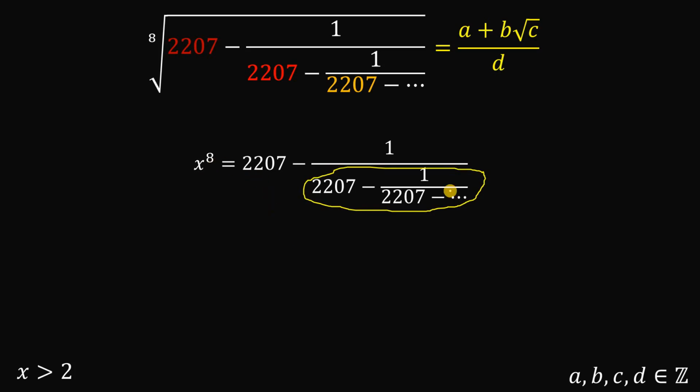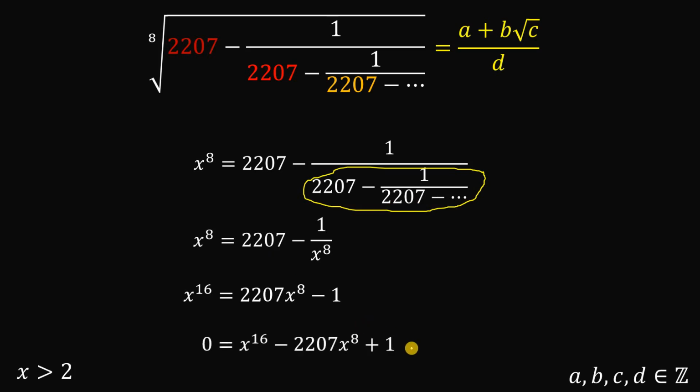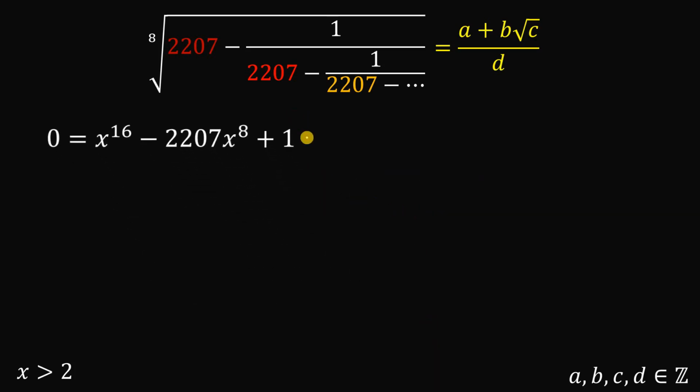So we can replace this with x^8 like this. And now let's multiply both sides by x^8 and equate this to 0. Now we have this equation: x^16 minus 2207x^8 plus 1.